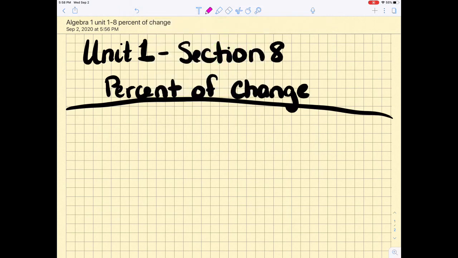Okay, so there's a formula that we like to use in Algebra 1, and I think that some of you have seen it in middle school. It's n minus o over o equals percent over 100.